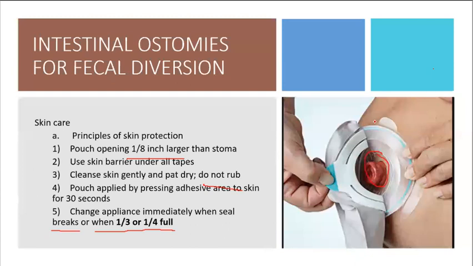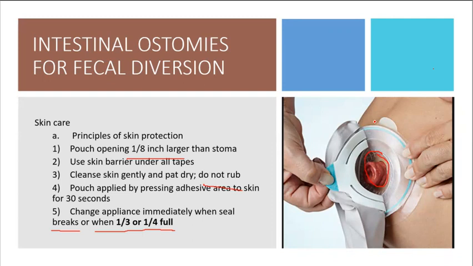If there's absence of drainage from the ileostomy for 6 hours or more, that's a red flag. For example, the patient tells you that the last time there was drainage was 12 o'clock, and it's now 7 p.m. Any sudden decrease in drainage is a red flag, or onset of severe abdominal pain is a red flag.